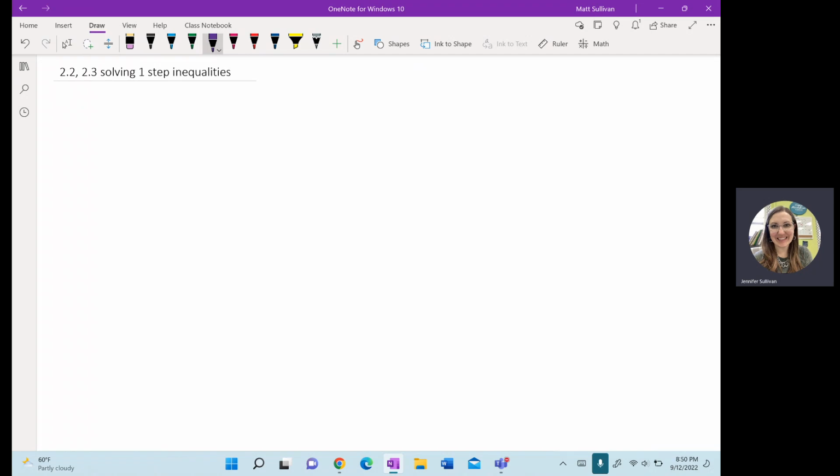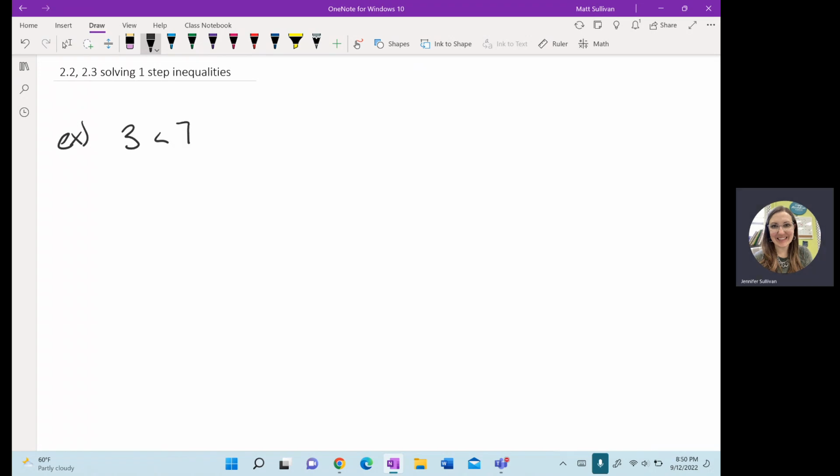When we're talking about inequalities, before we really get into the nuts and bolts of how to solve them, I want us to talk about this inequality sentence without a variable. We know that 3 is less than 7.